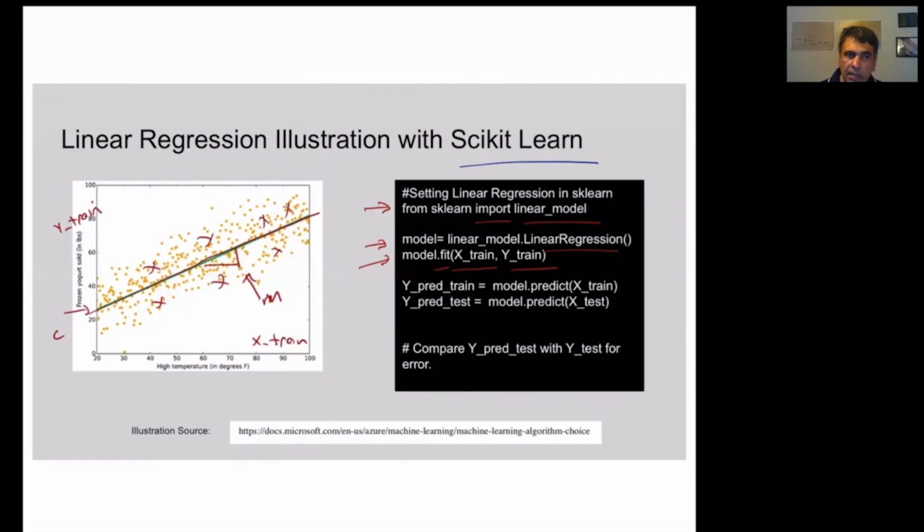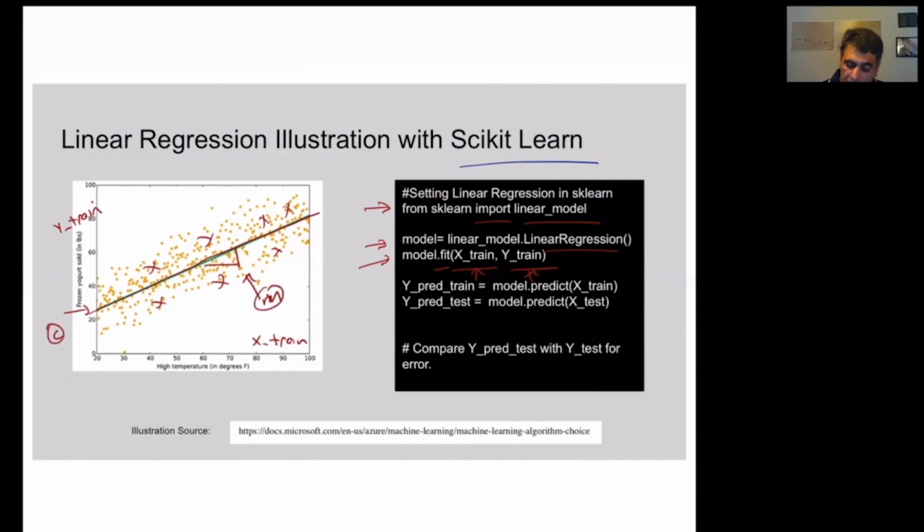In the last equations, we showed you how we calculate that. In this case, that's hidden from you, and all you have to do is use this model.fit, the fit method. You put in the values of X and Y, and it will go and do some calculation. And when it comes back, the fit method has basically calculated these two values for you.